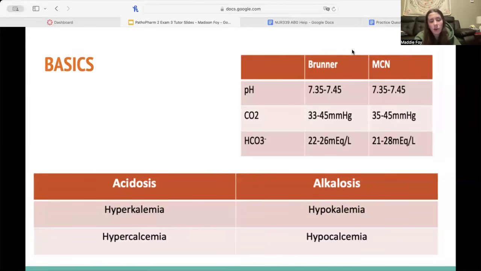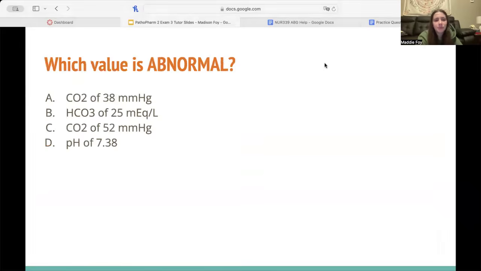Same thing, just good to look over, make flashcards if you don't have them yet, because there are some electrolyte imbalances that come with the acid-base imbalances. For example, in an acidotic state, you might see increased potassium and calcium, whereas in an alkalotic state, so higher pH, you could see low potassium and low calcium. So I would just memorize those kind of relationships there.